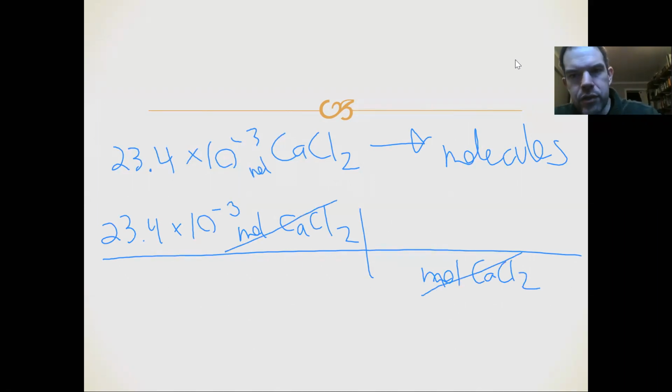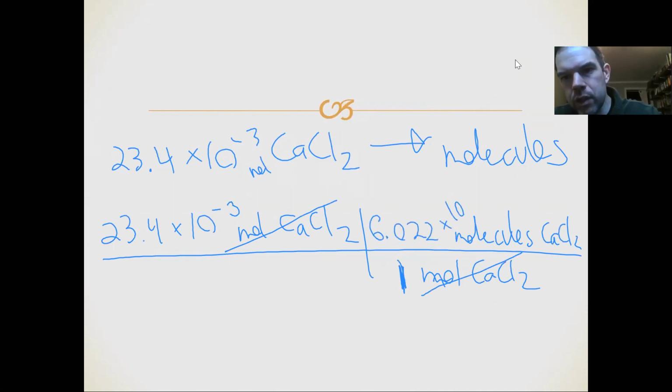And you're going to molecules CaCl2. The number you're going to use here will almost always be a 1 in front of moles, and that's going to be equal to 6.022 times 10 to the 23rd molecules. Okay. So since it's on top, you're going to multiply.